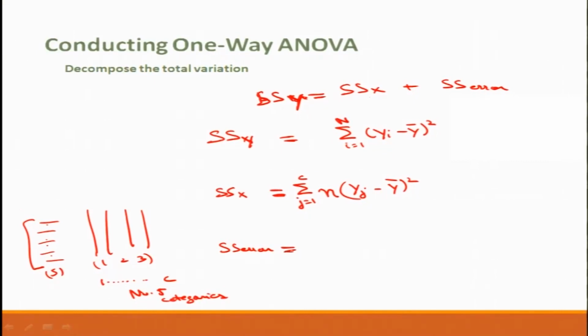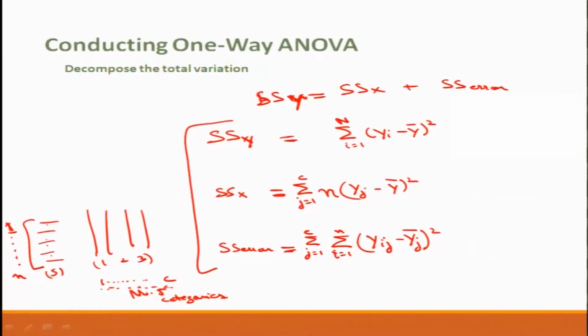Then SS error is within group for all the groups. So, within group would be Yij minus the mean of that group, the sum of squares, for i varying from 1 to the group size n, and j varies from 1 to the number of categories here.